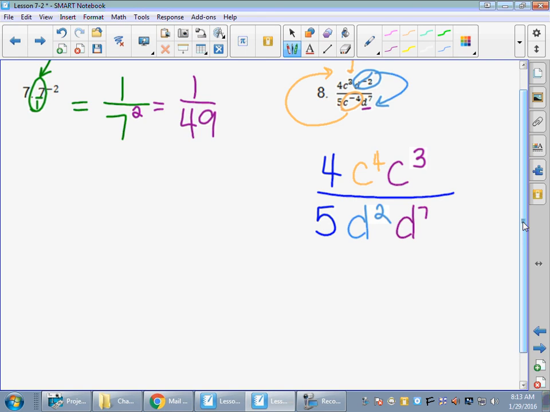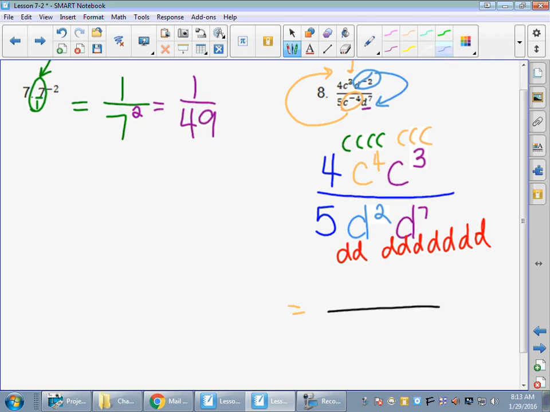So if we're looking at c to the 4th times c to the 3rd, and d squared and d to the 7th, well, 1, 2, 3. I'm going to have for my answer definitely a 4 and a 5.